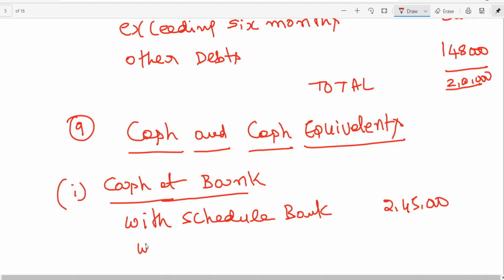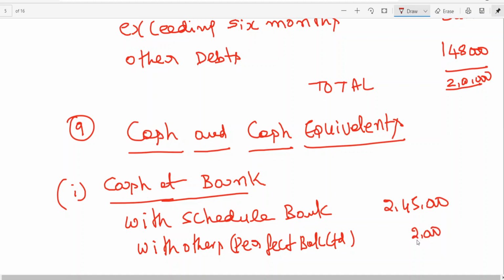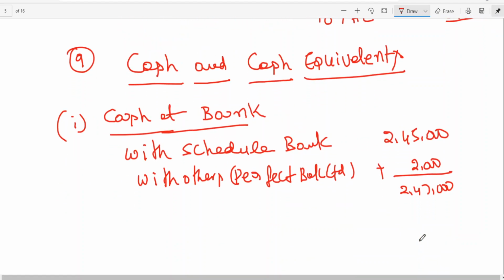Then with others, Perfect Bank Limited, the name has been given, 2,000. Total 2,47,000.